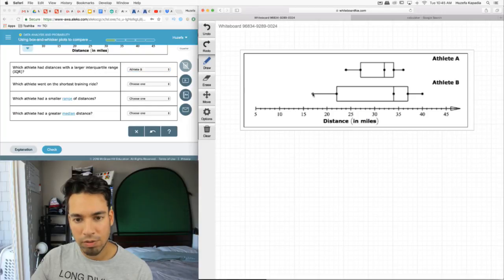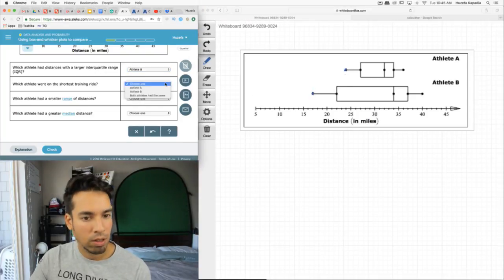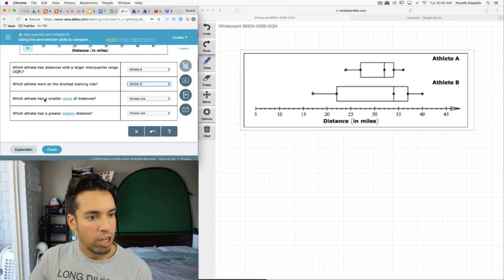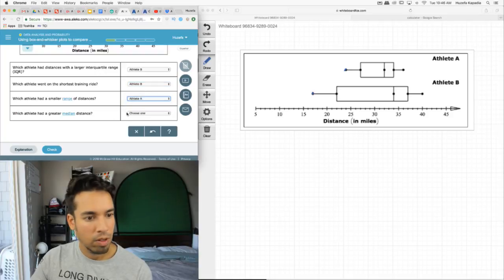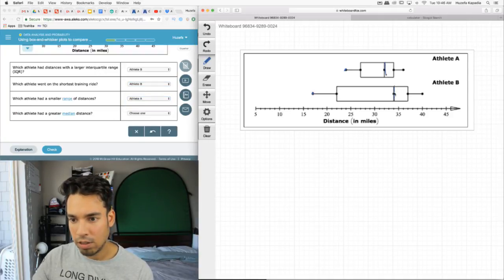Meaning which had the lowest value, and it's clearly B, right? They went on a ride of 17 miles. Which athlete had a smaller range of distances, meaning distance from here to here, and it's clearly athlete A. Which athlete had a greater median? That's this line again, here and here, and it's B.